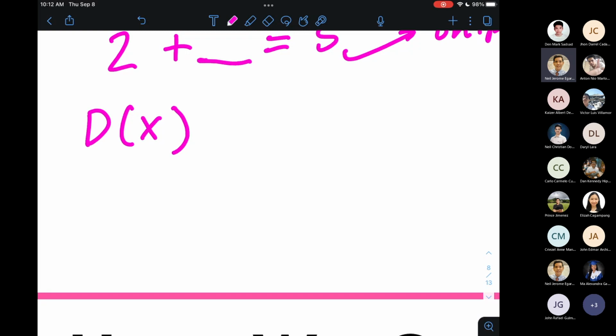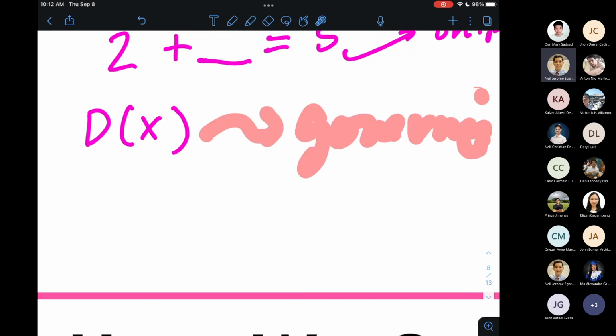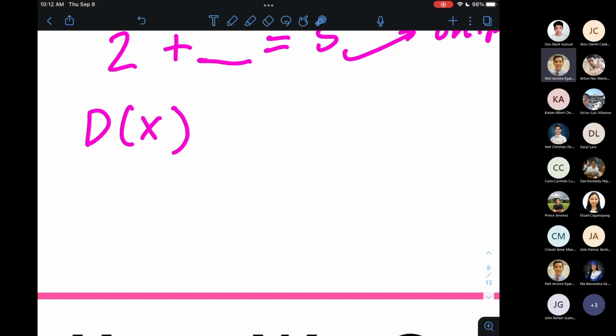But essentially, if you're doing modeling, you can think of this as the governing principle, okay? Dun sa pagmo-model mo ng demand for your particular product. So if you're selling your product at X pesos, yung demand ay D of X units. So that's our governing principle, or the governing model in this case.